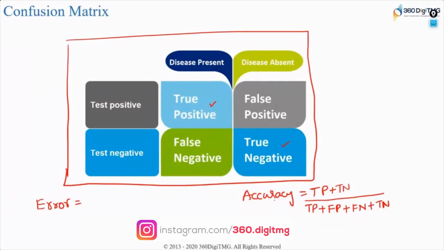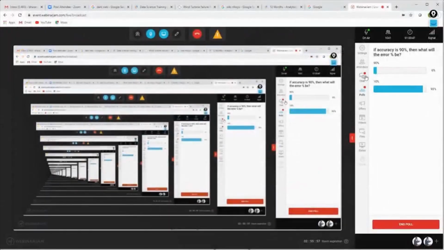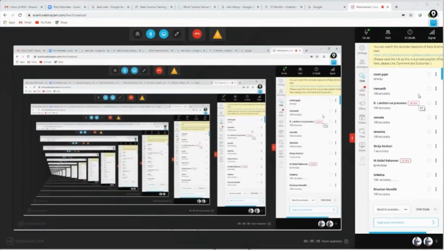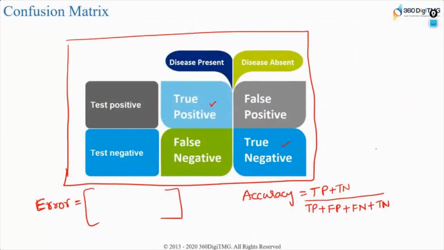If the accuracy is this, then what is the formula for error? Please tell me. Let me look at your answers. I know that you're getting it right. A few of y'all have got it right.